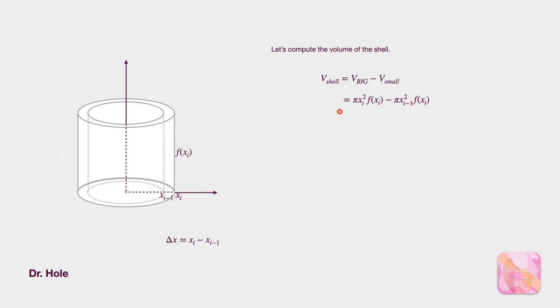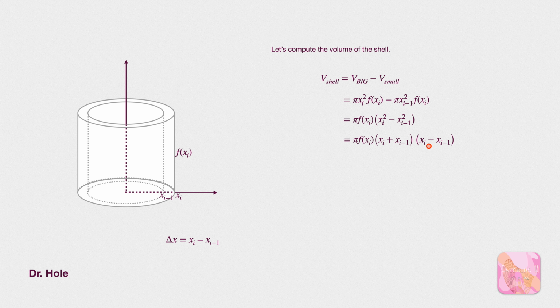Now we do algebra. We can factor off a pi, and we can factor off an f of x sub i. That produces a binomial, which we can factor using the difference of squares formula.